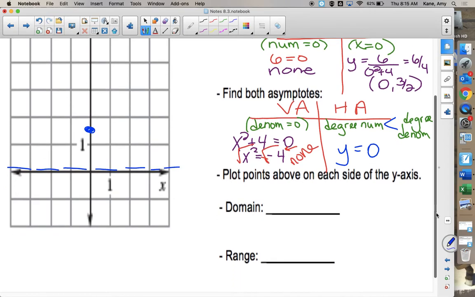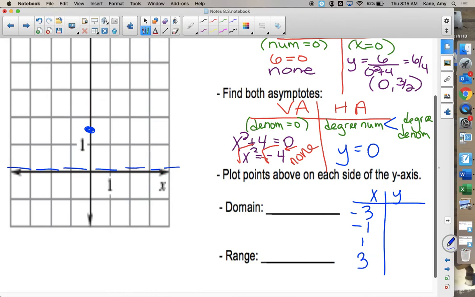So since there isn't a vertical asymptote to kind of divide up the graph, it says to plot points on each side of the y-axis. Pick a couple. So maybe go with a -1 and a -3, and do the 1 and +3 on the other side.